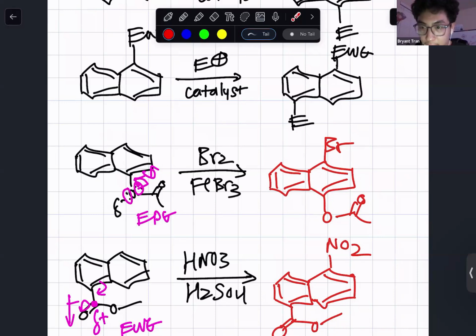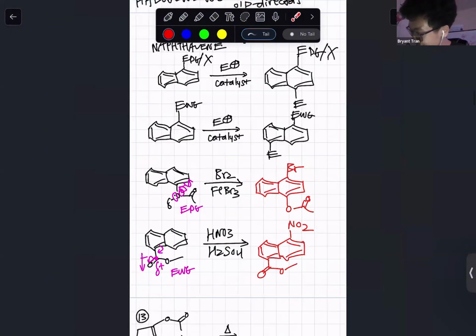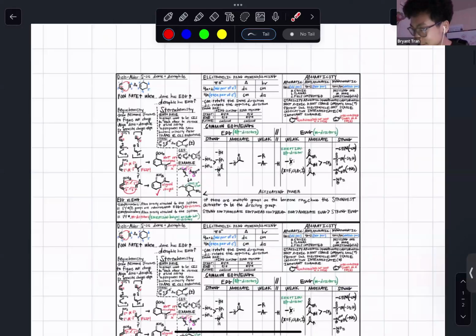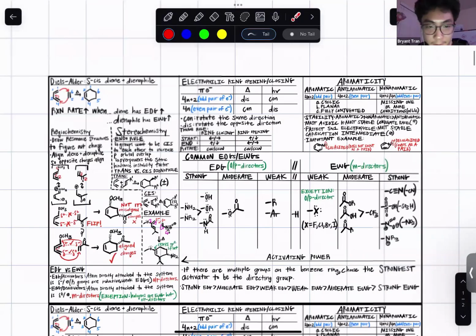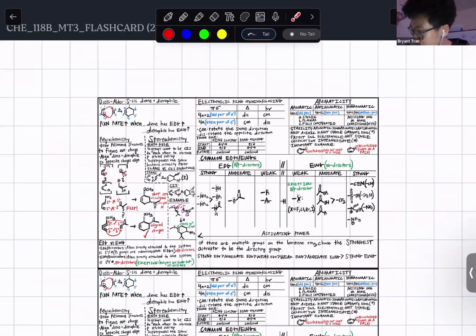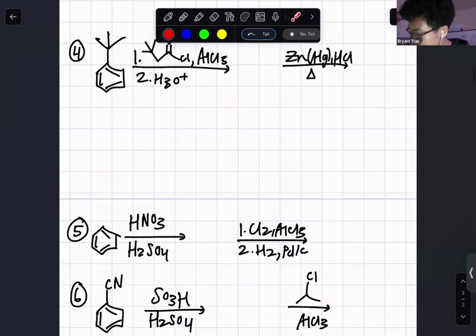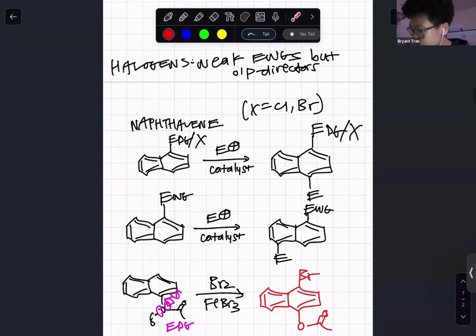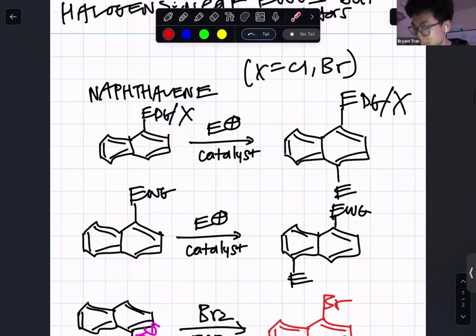Would you recommend we just use that note card info on our own? Yeah, this document I made for last year's 2Ts includes all the reactions and mechanisms you need to know, except the naphthalene ones, because the naphthalene ones are pattern recognition for predicting the product. You don't even need to know the mechanism for it. This is most likely going to show up as one predicted product at most.